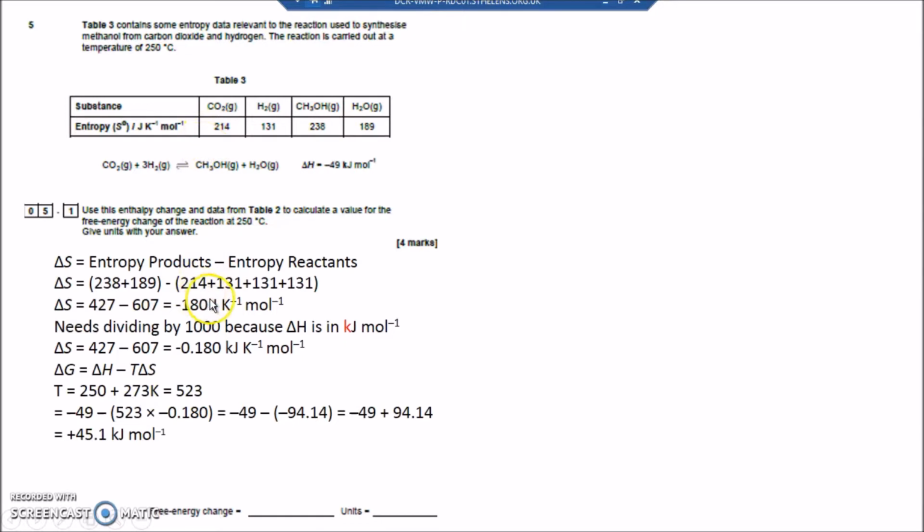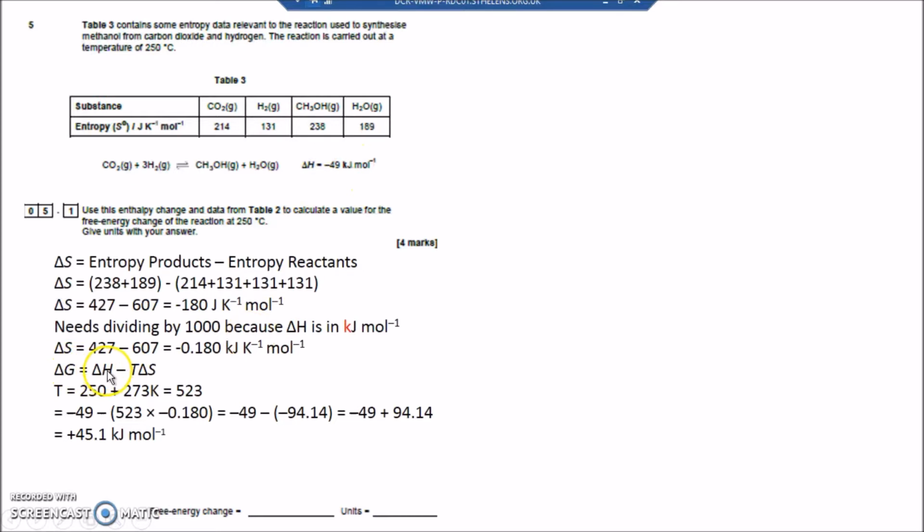So I'm going to get my joules per Kelvin per mole into kilojoules. If I'm taking joules into kilojoules, I divide by 1000. So if I divide my 180 by 1000, it's minus 0.180 kilojoules per Kelvin per mole, because then that's going to match with my kilojoules for my delta H.